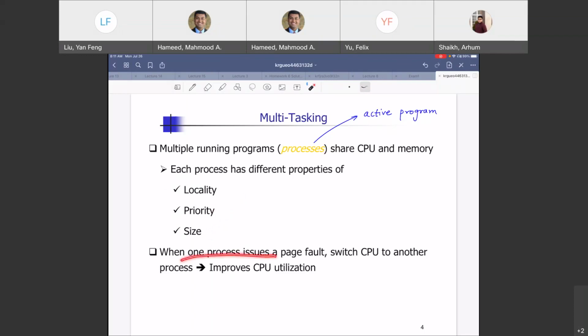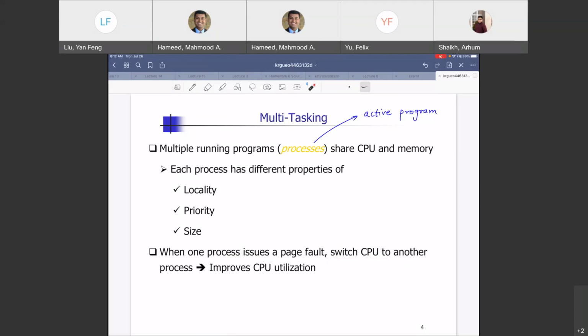So when one process issues a page fault, valid bit 0, need to go to the disk, you switch the CPU to another process. By doing that, you are increasing CPU utilization, because earlier you were working on one program that had to stall, and now you're not wasting any time, you're starting to work on the other one, right?